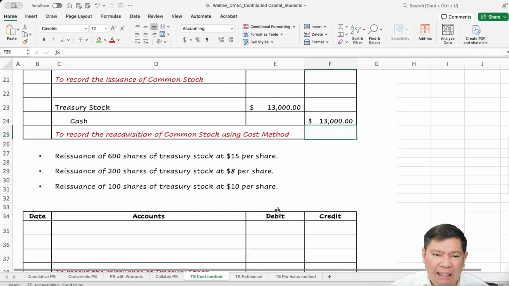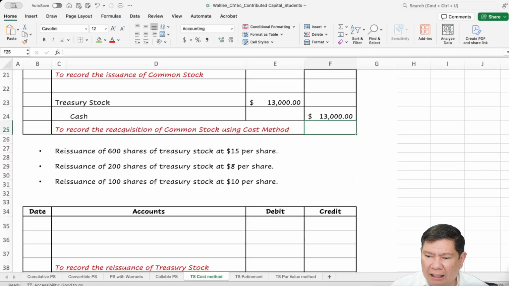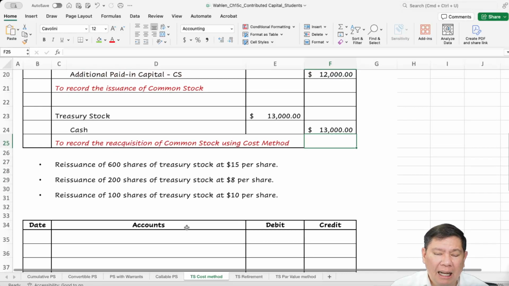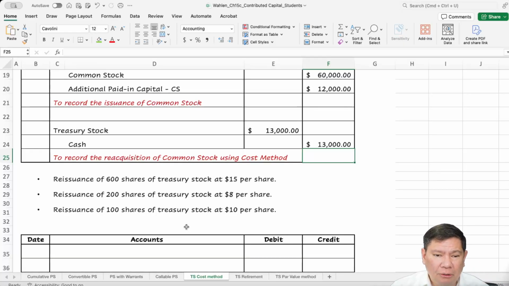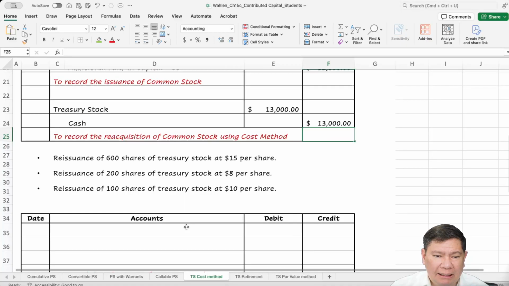And then they reissue 600 shares of treasury stock at $15 per share. So they resold the common stock to the stockholders, to the market, 600 shares.